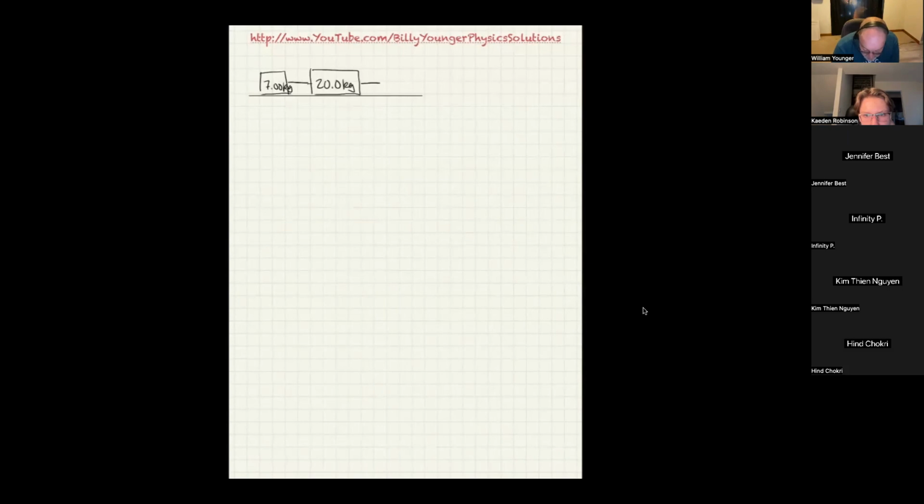And that, of course, also has a rope, and that rope is attached to a box of 10.0 kilogram mass. And then there's another rope up here, but in this case, the force, which is horizontal, is going to be 100.0 newtons.